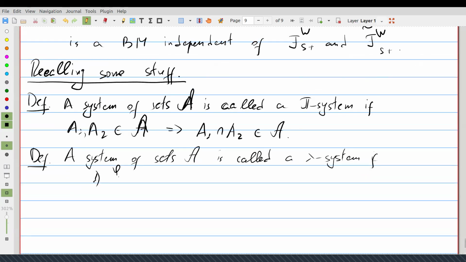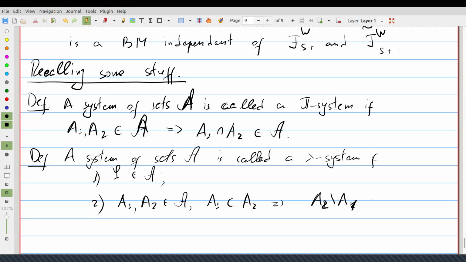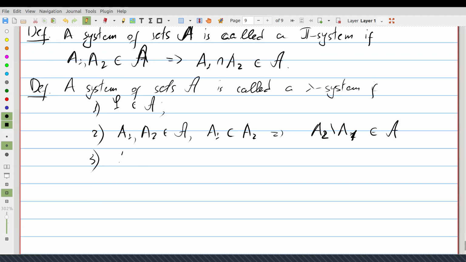Firstly, the whole set should be in A. Proper differences stay in A: if A1 is larger than A2, we can take this proper difference, and it still stays in A. And if we have a sequence of sets from A, and they are increasing, then their union, which is effectively like the limit, stays in A.